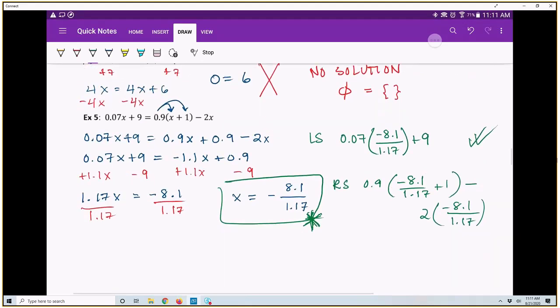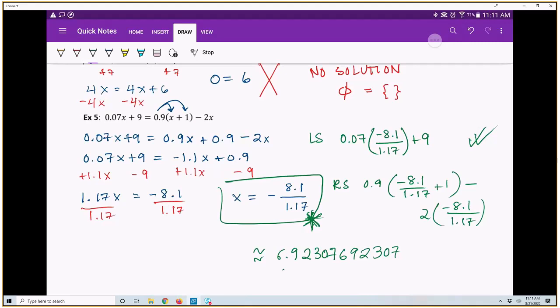But what you don't want to do is plug this into a calculator and say you find that this is approximately 6.92307, 692,307. So we talked about repeating decimals in our previous lecture.